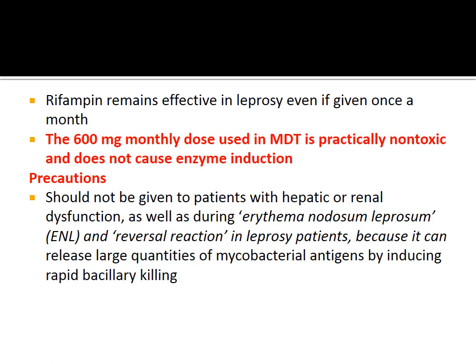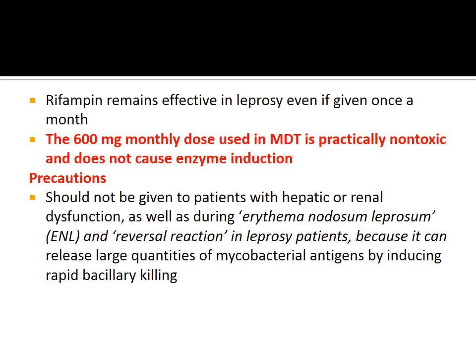Now rifampicin remains effective in leprosy even if given once a month. This is a very important statement. So 600 milligram, a monthly dose, is useful in multi-drug therapy. It is quite effective, it is practically non-toxic, and the second big advantage is that it does not cause enzyme induction.